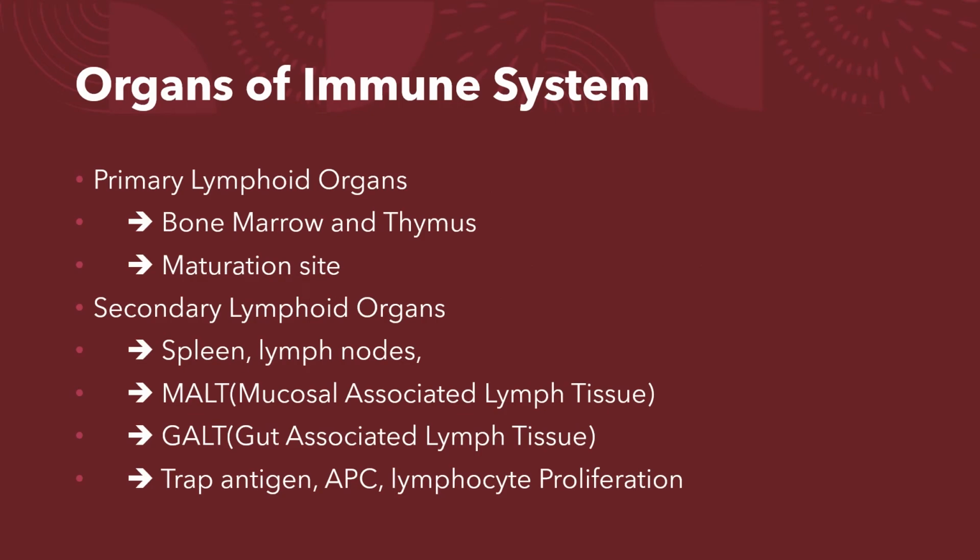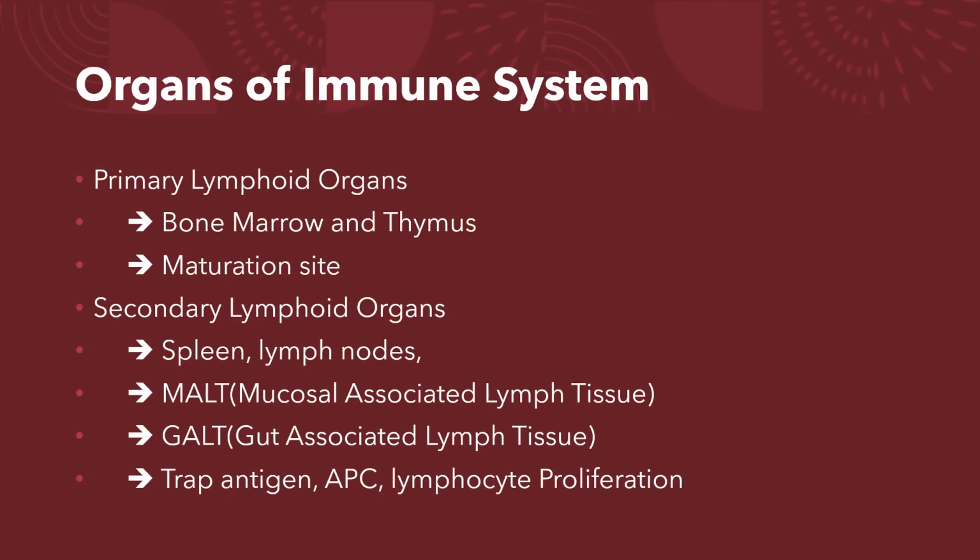Now, lymphatic system. Lymphatic system is a subset of the immune system. Lymphatic system includes lymphoid organs, and lymphoid organs are divided into primary lymphoid organs and secondary lymphoid organs.